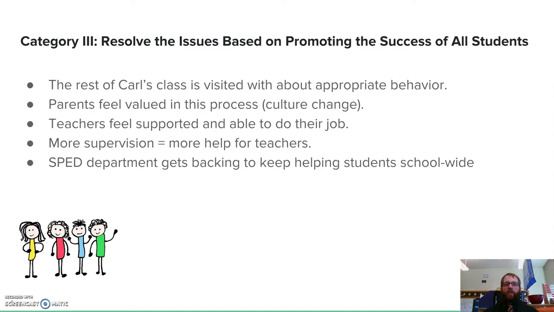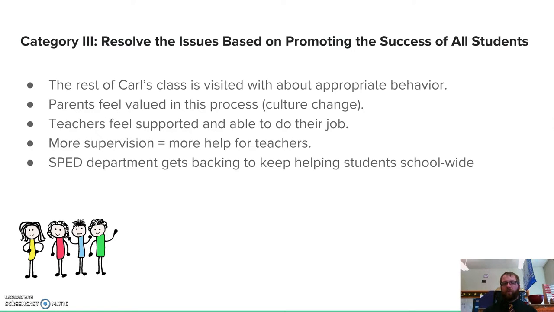So how I resolve the issues based on promoting the success: talk to the entire class of Carl's class about behavior and making it appropriate. Hopefully parents, even the ones that are not directly involved, would see, whether here or through communication, how this whole process went down and just know that they are valued in the school.